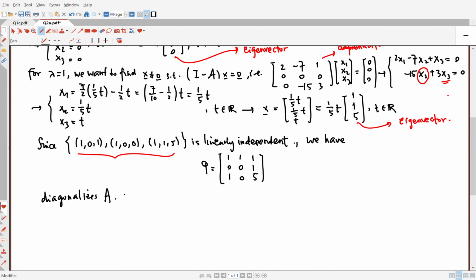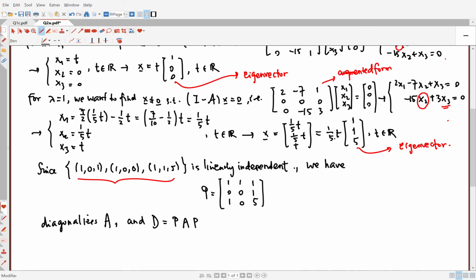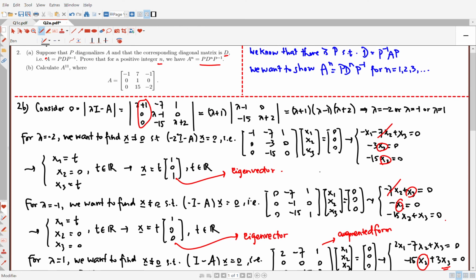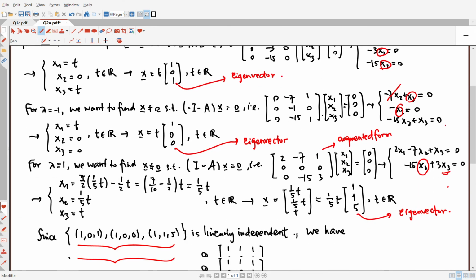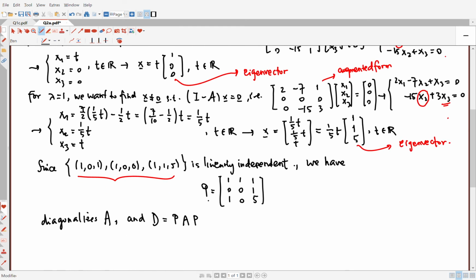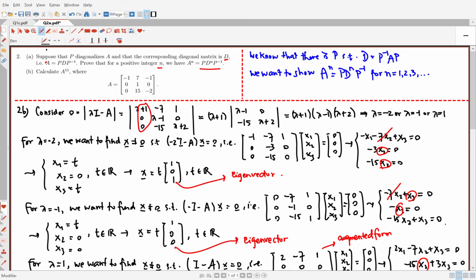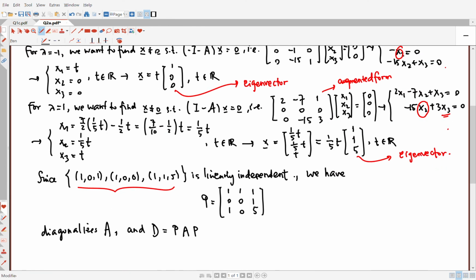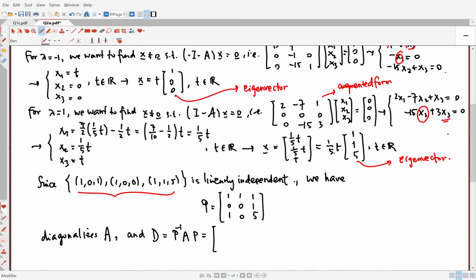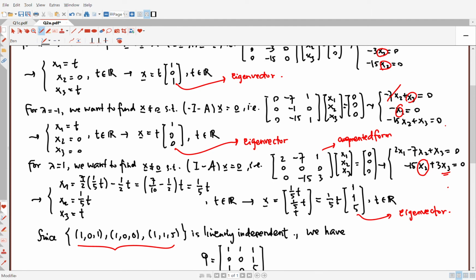My D, which is P inverse AP. What is my eigenvalue?